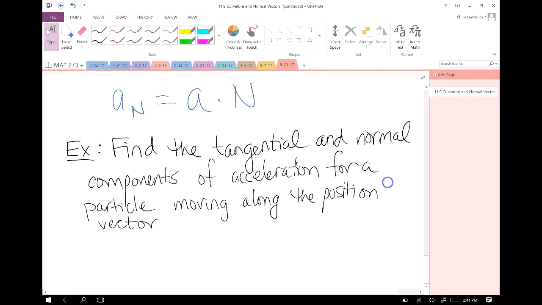We want to find the tangential and normal components of acceleration for a particle moving along the position vector r of t equals, we're just going to keep this an easy one, t i plus t squared j, at t equals 4.